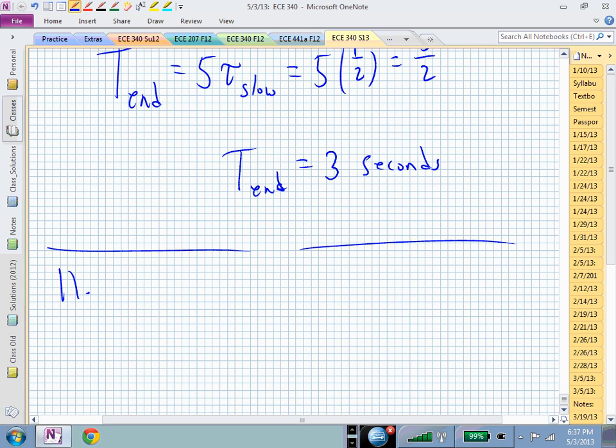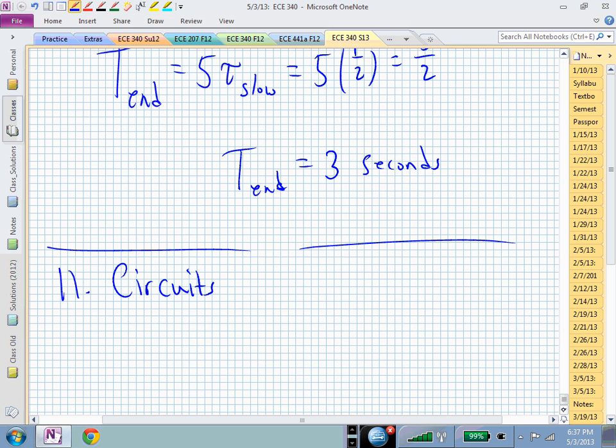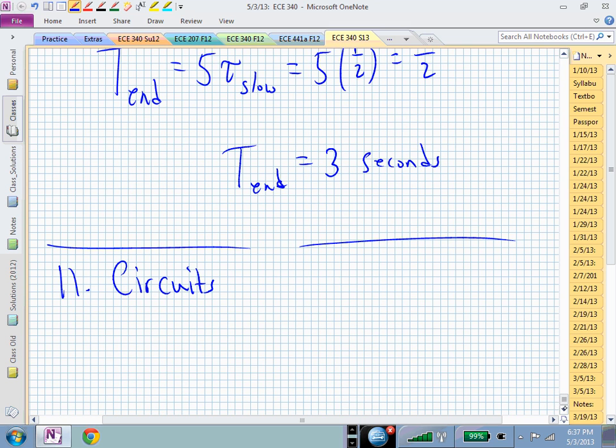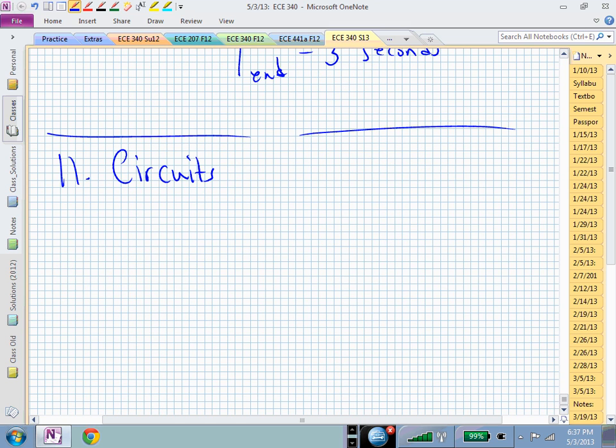Topic-wise, and we'll finish up, you need to be able to analyze circuits in the time domain, frequency domain, etc. Write the equations.